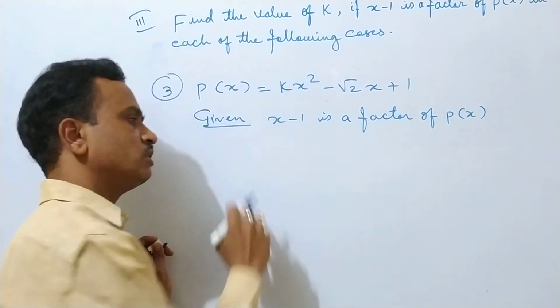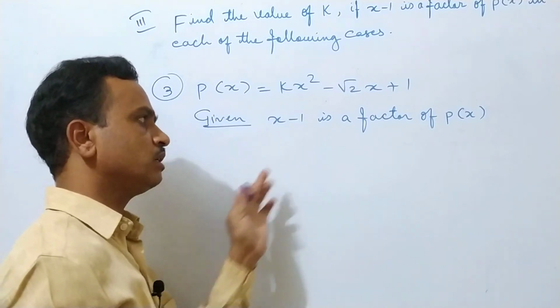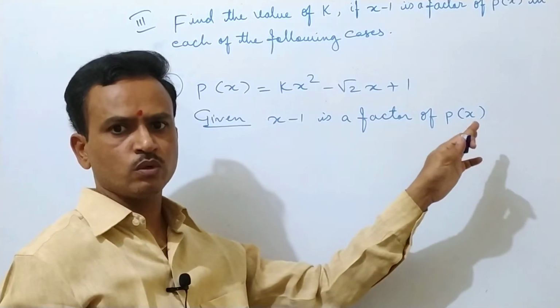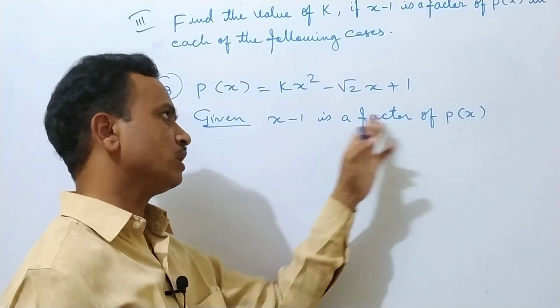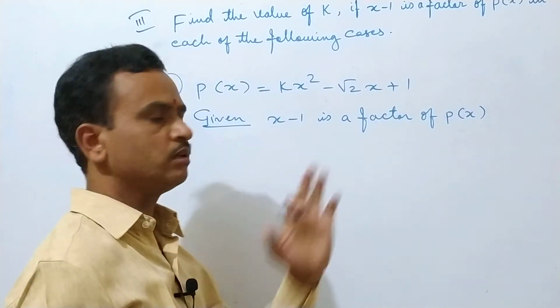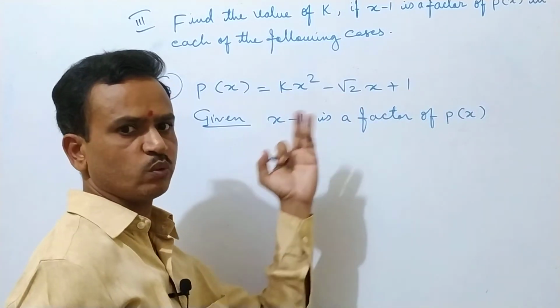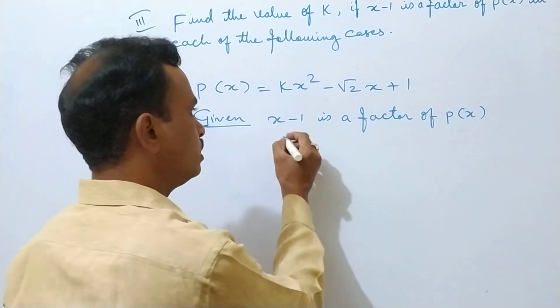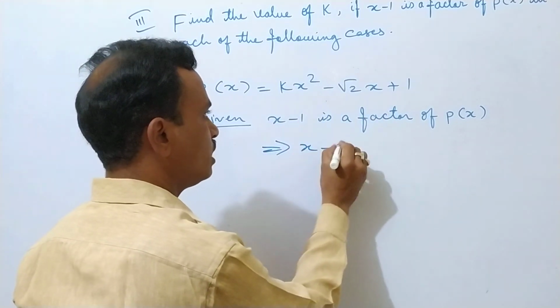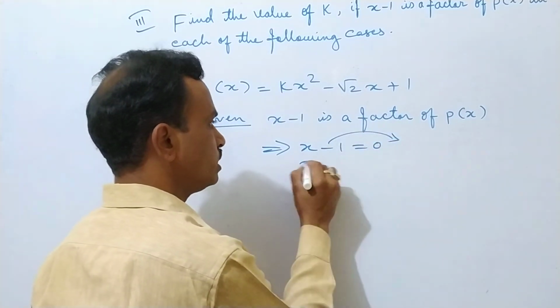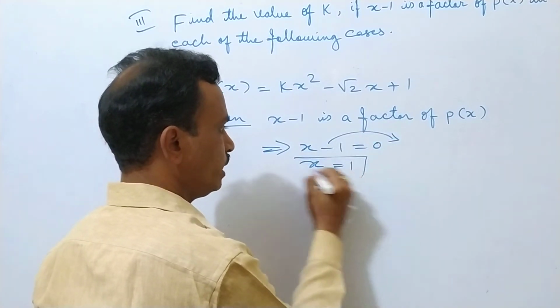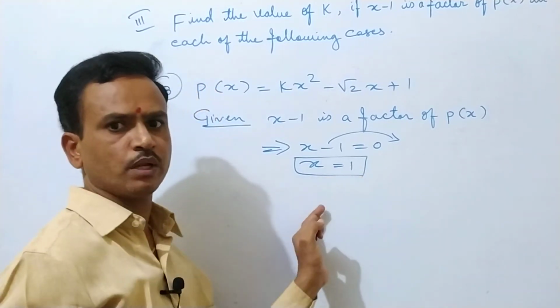So x minus 1 is a factor of P of x means the remainder is equal to 0, then only x minus 1 becomes a factor of P of x. So x minus 1 equal to 0. Minus 1 we take to the RHS side, it becomes plus 1. So x is equal to plus 1.